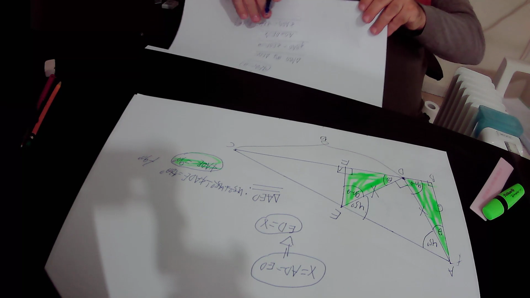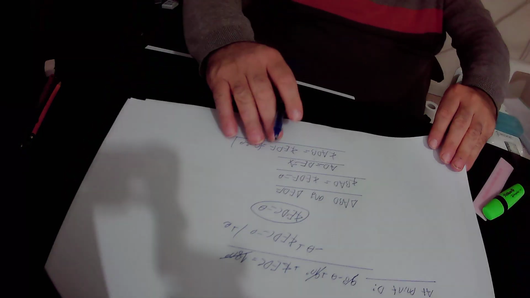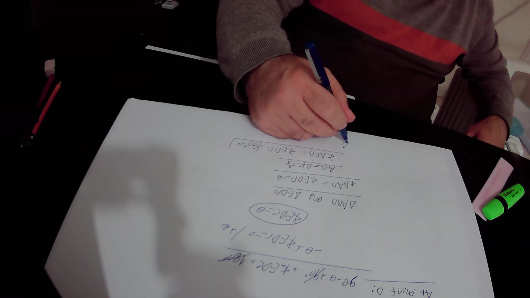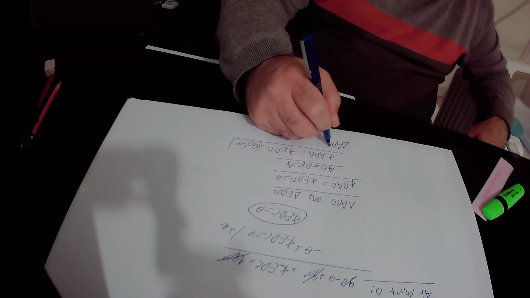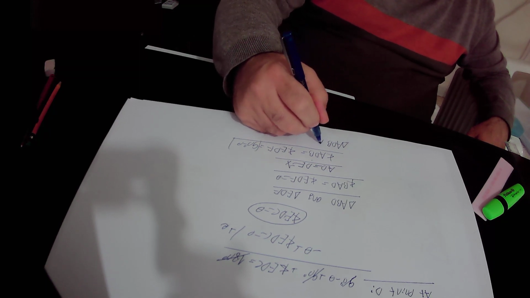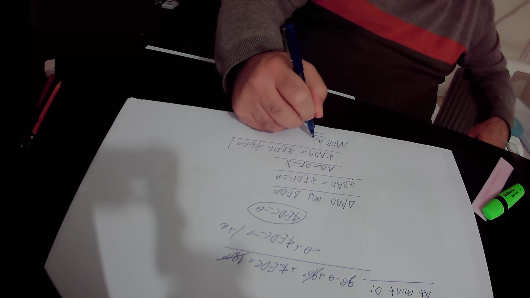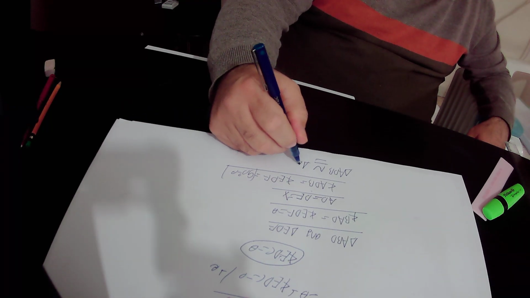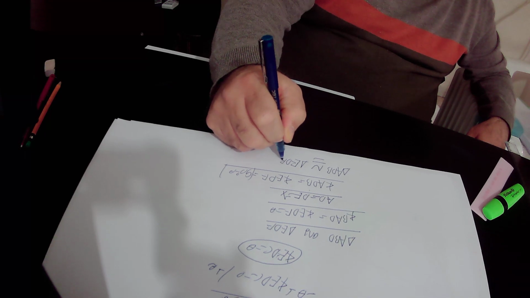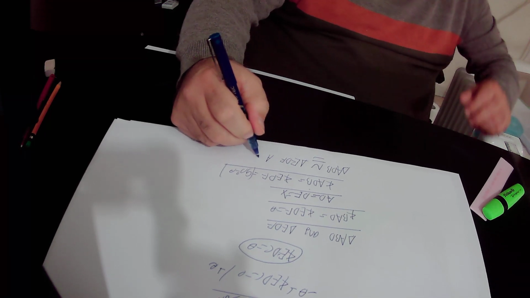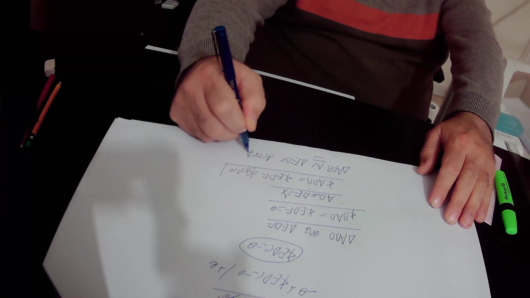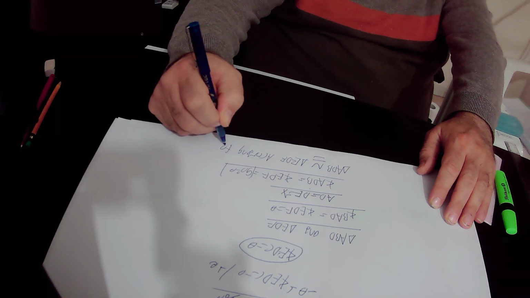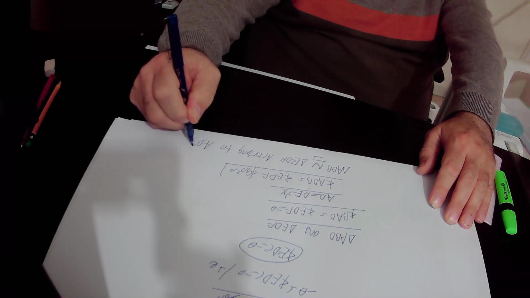So we can write down that triangle ADB is congruent to triangle EDF according to the angle side angle rule.